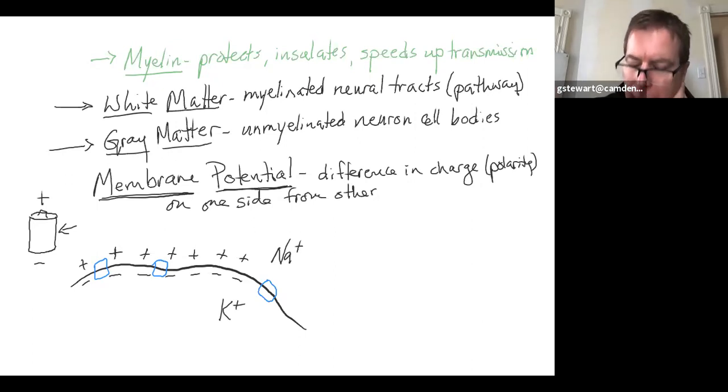These ion channels, these leaky ion channels, allow a lot of potassium to leak out and not very much, a tiny bit, of sodium to leak in. So I'm just going to put a dotted line.